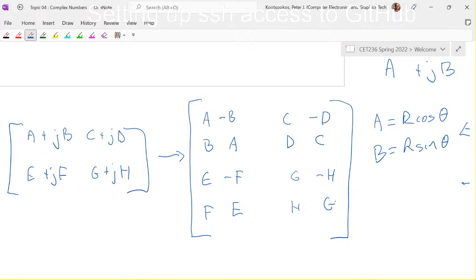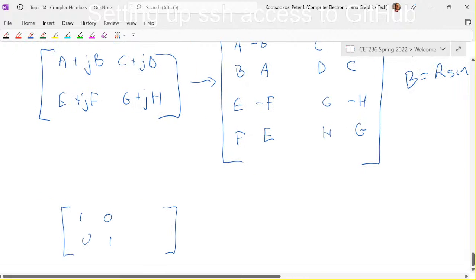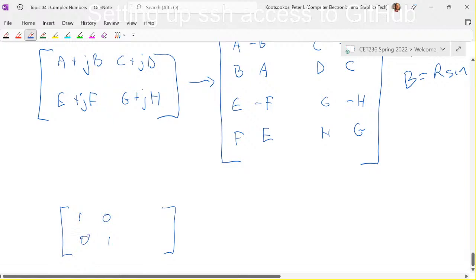And the answer you will get will have the same pattern. In your RREF, instead of getting 1, 0, 0, 1, I don't know, let's go X, Y. Actually, let's just do it.